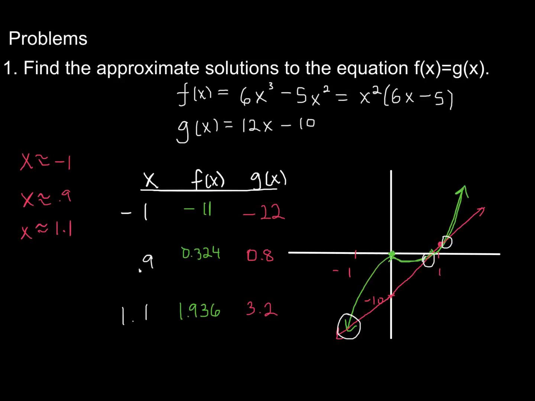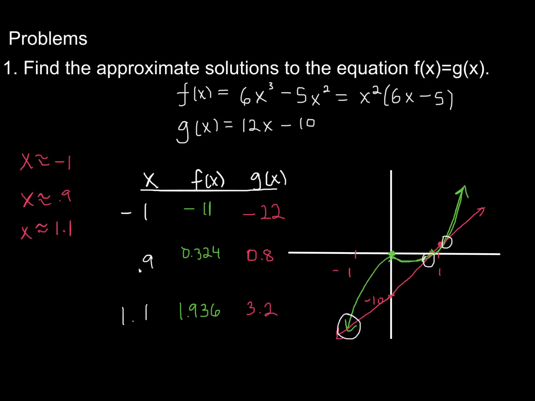Alright, so here are the values that you get if you plug in the x values -1, 0.9, and 1.1. And what you can see here is if we look at them, we actually got really, really close. So when you plug in 0.9 for x, the y value you get for f is 0.03, and for g you get 0.08. It's only 0.5 difference, and so you feel really good. Like that's a very close answer.